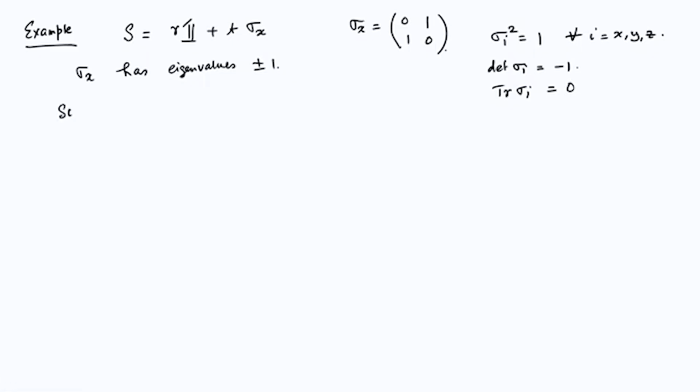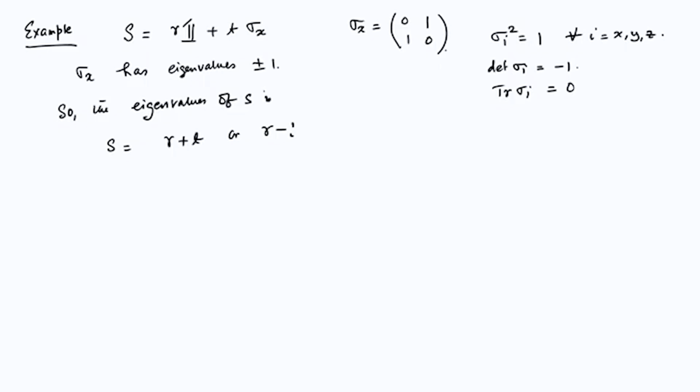So the eigenvalues of S are either R plus T or R minus T, because the identity matrix of course has eigenvalues only 1.